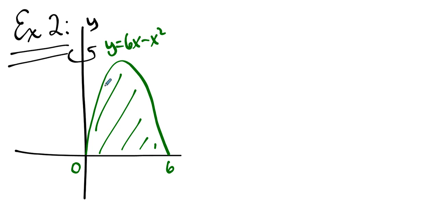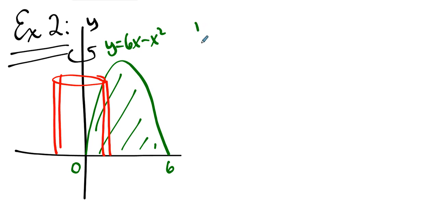If we sliced this way, those slices would start and end on the green curve. So it's very difficult for us to talk about how to do this by discs or washers. We would need a different expression for this branch of the parabola as we had for that branch of the parabola. I would like to slice this way and spin that around, get ourselves a paper towel roll.